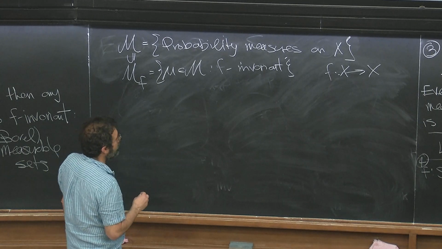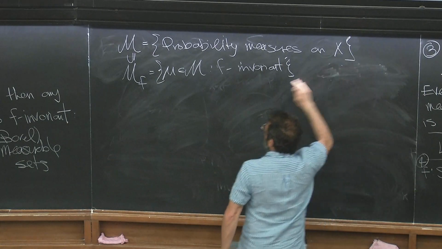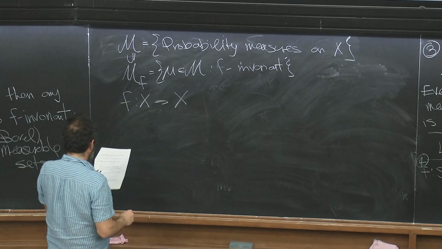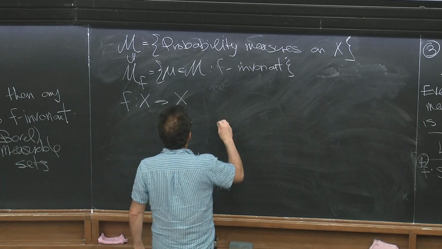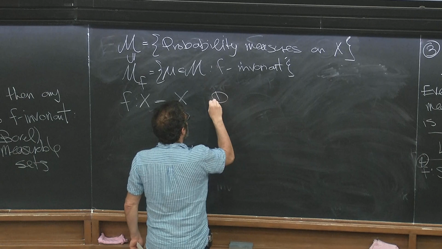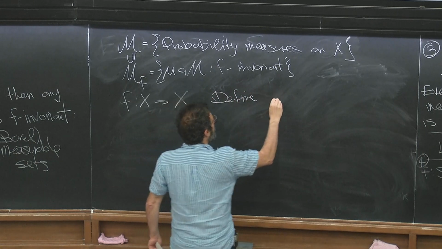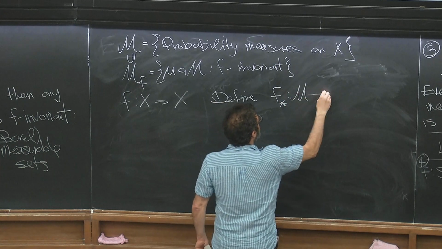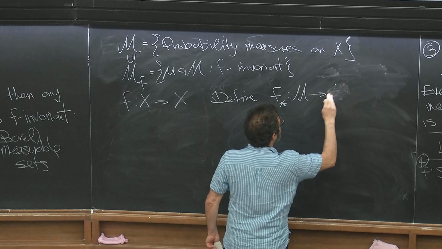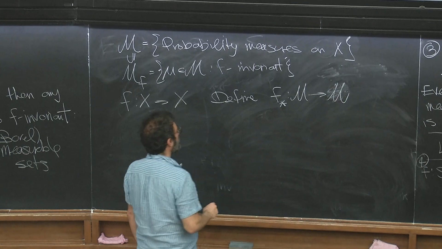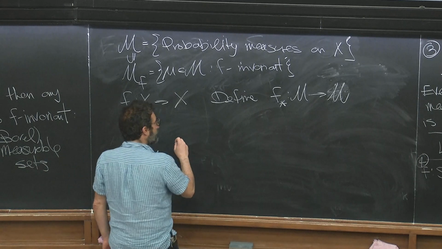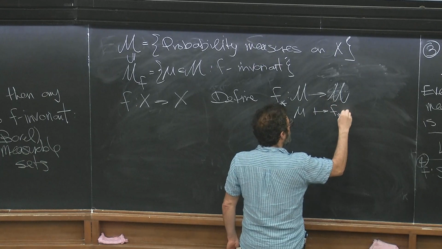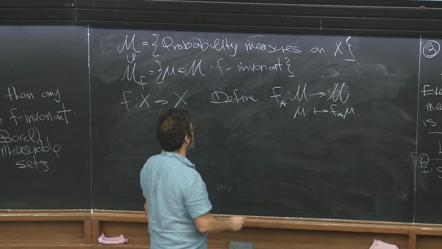So we have here this map f from X to X, and this induces a map. We define a new map, which we call f star, which is a map from the space of probability measures to itself. It's defined in the following way. We take a measure mu, and it maps to a measure which we call f star of mu, the image of this map.